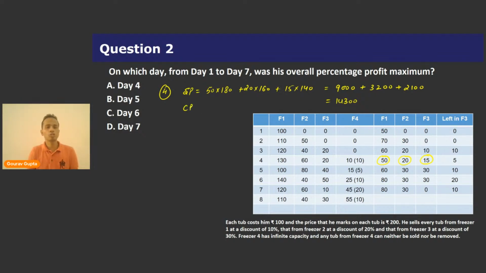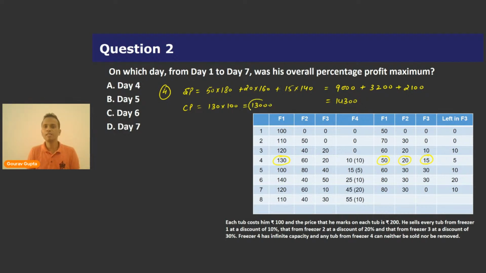What is the cost incurred on day number 4? Now a total of 130 fresh ice cream tubs have been kept in F1 at the beginning of day 4. So his cost incurred on day number 4 will be 130 multiplied by 100, that is 13,000.